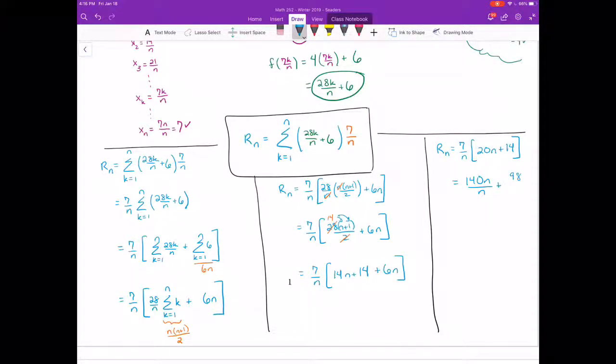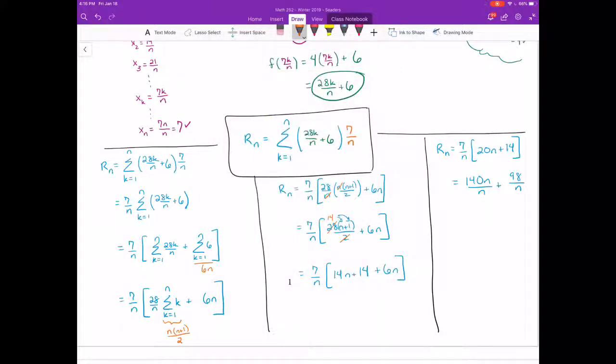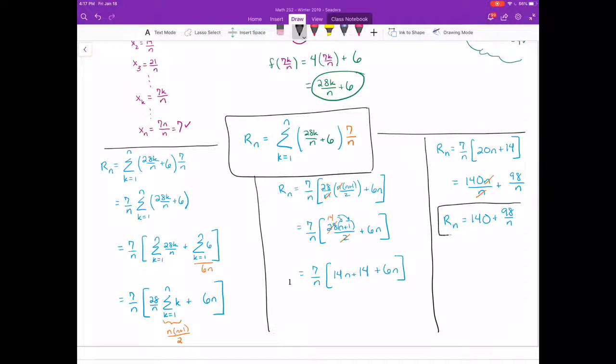That's 98 over n. And this simplifies to 140 plus 98 over n. And that's my right-hand Riemann sum for any arbitrary n.